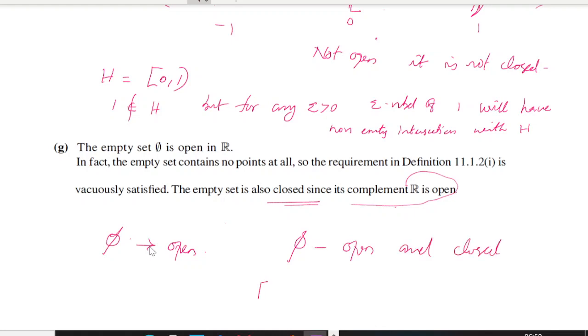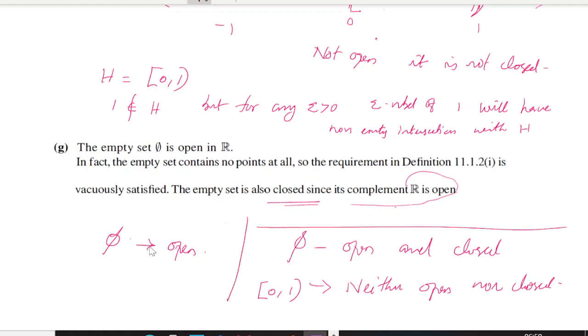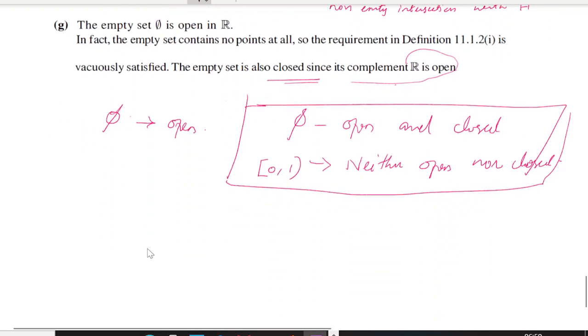And here we have got the set 0, 1, which is neither open nor closed. These two are important because we used to say that opposites, right? When you are taking open, we will say that its opposite is going to be closed.